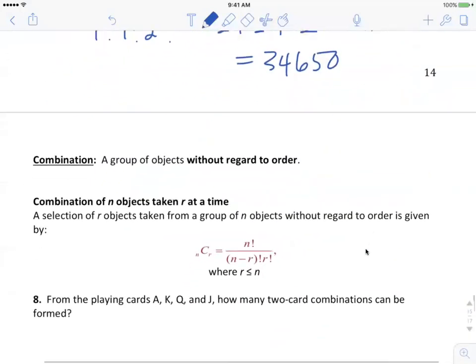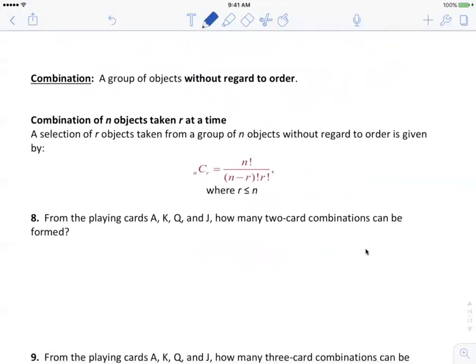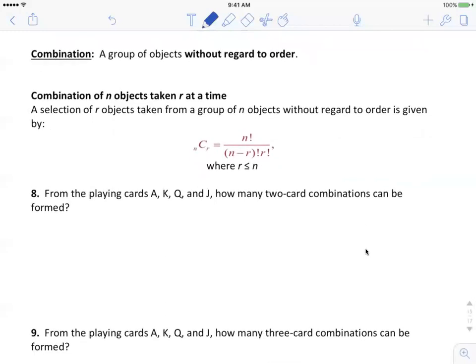Awesome. On to combinations. So on to page 15 here. Combinations is kind of like permutations, except order does not matter. So, without regard to order. There's a formula for it, just like in permutations.